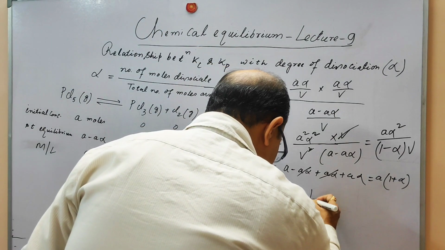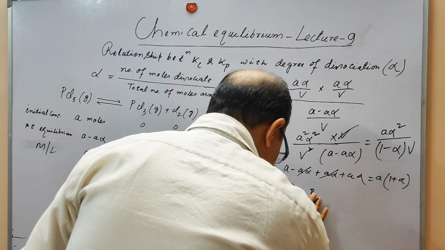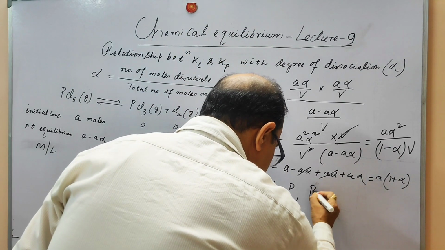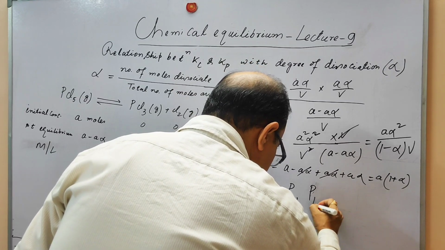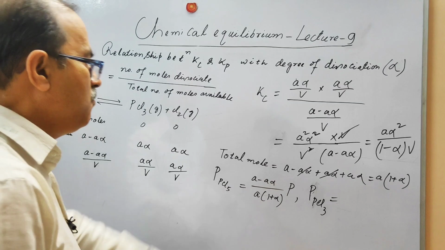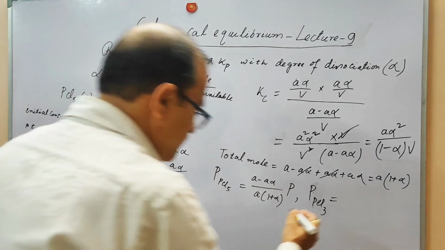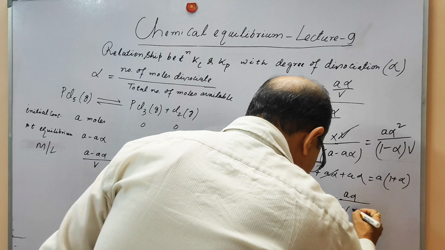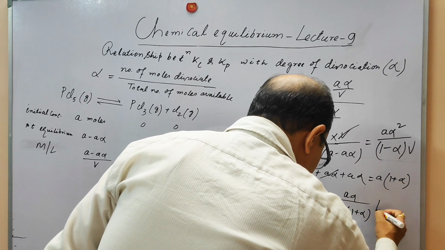Then we will get the partial pressure of PCl3, that is also its mole fraction, A alpha divided by A into (1 plus alpha), into total pressure.